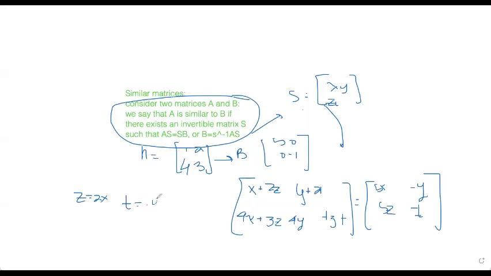In other words, these two matrices are similar as long as we've got the matrix S that equals x, y, 2x, negative y. So that's your basic method for figuring out if matrices are similar.